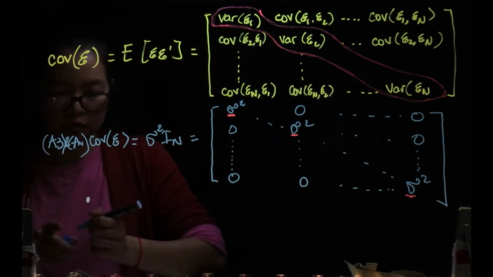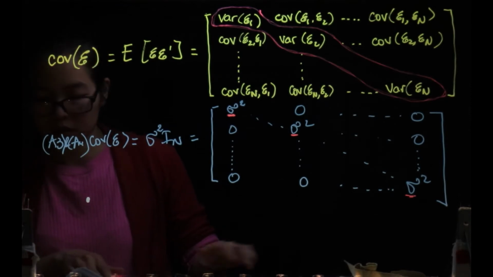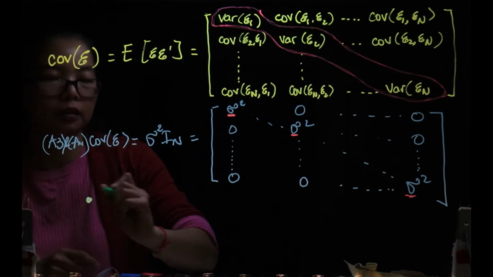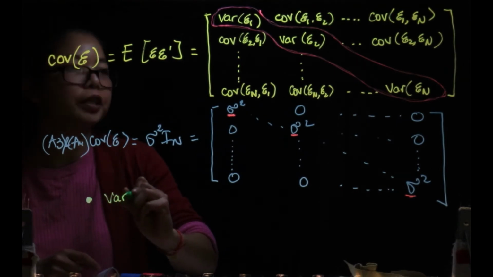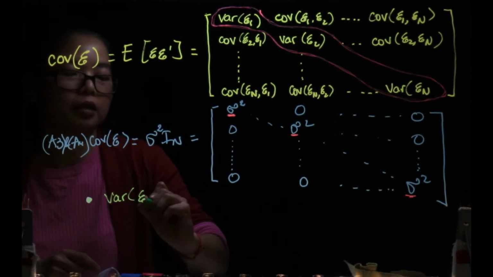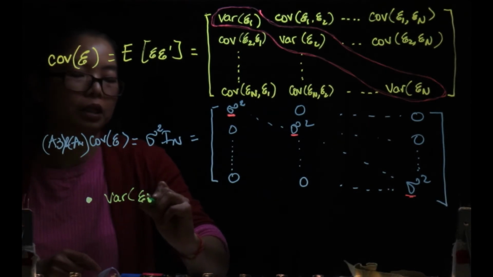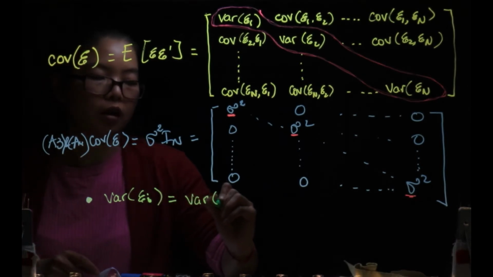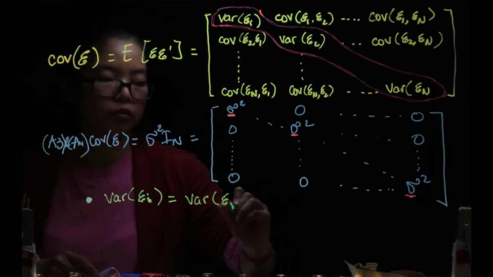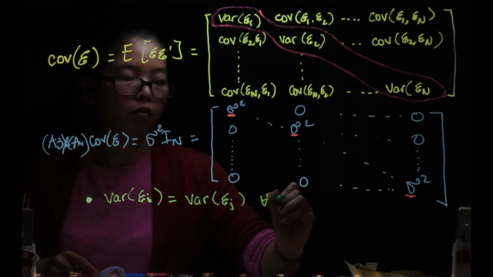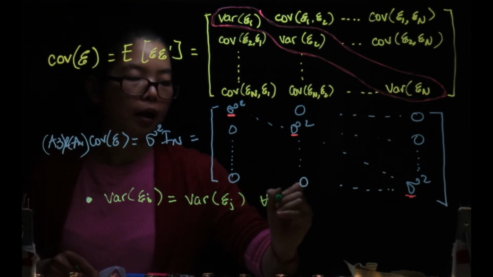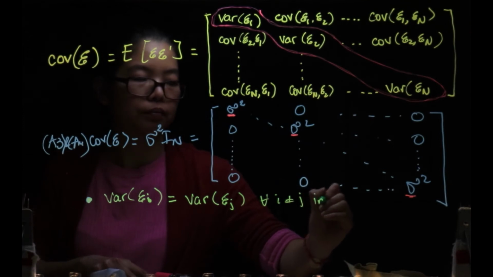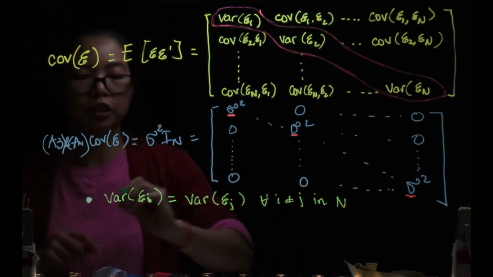So the first thing, let's use another color. The first thing is the variance of epsilon i equals the variance of epsilon j for all i different from j in n observations.